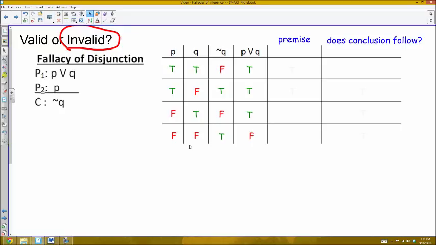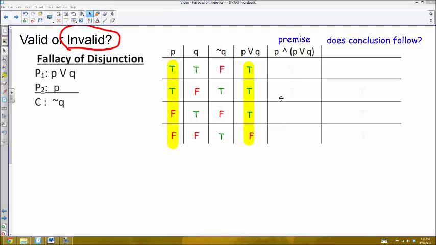Once I've determined the truth values for all of these statements in the argument, I'm going to then look at what is the premise. Well, I have two statements that make up the premise, and both will have to be true. So I'm looking at P and P or Q. So these two statements combined. To determine the truth value of that, I'm going to look at the two columns in which those two values show up.